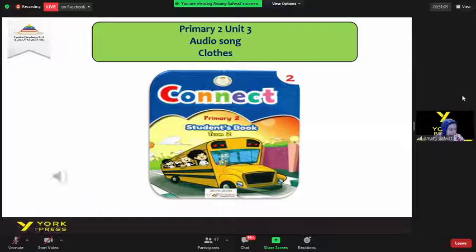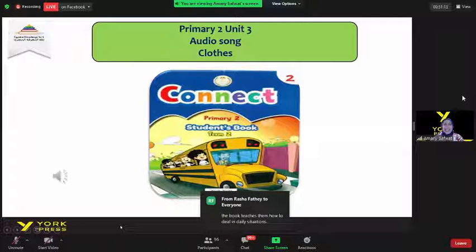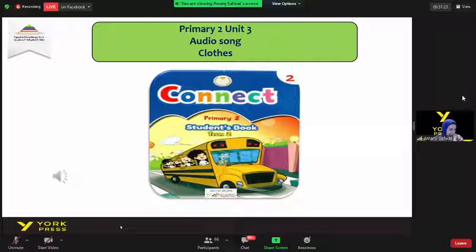Unit 3, Page 31. Exercise 3. Sing. Clothes, clothes, can you see? Clothes for you and clothes for me. It's my watch, it's your watch. It's my hat, it's your hat.